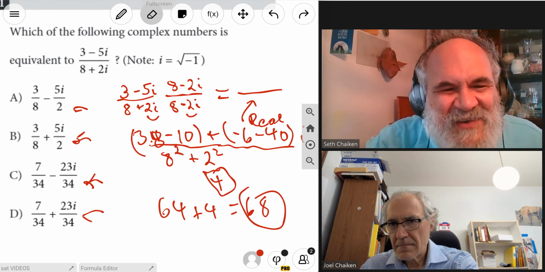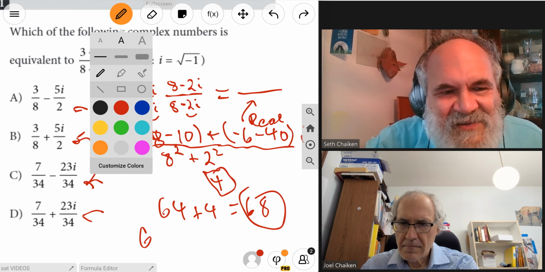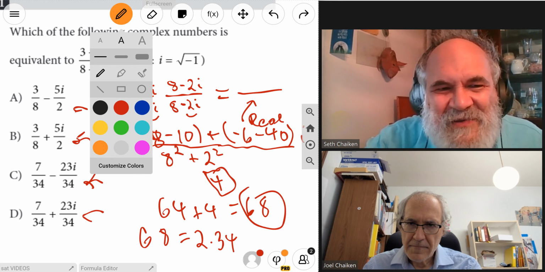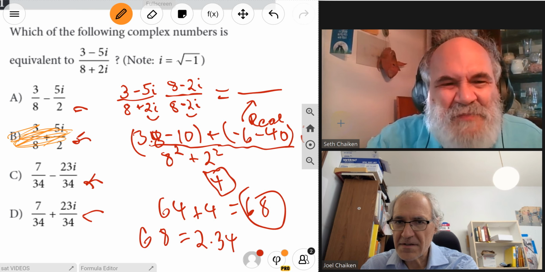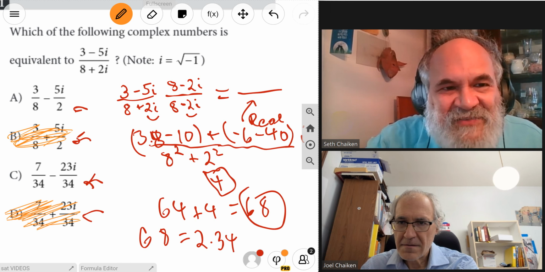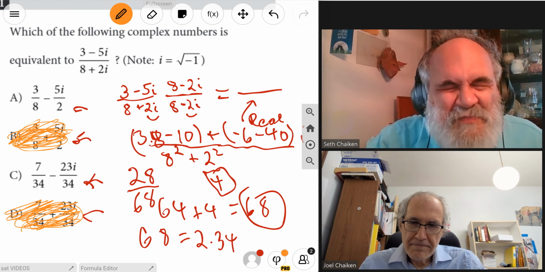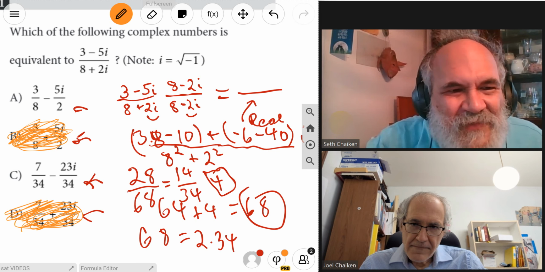Notice that C and D have denominator 34, and 68 equals 2 times 34. So maybe it's one of these. Let's check the real part. The real part is 38 minus 10, which is 28. So the real part is 28 over 68, but both of these are even, and so the real part is 14 over 34.